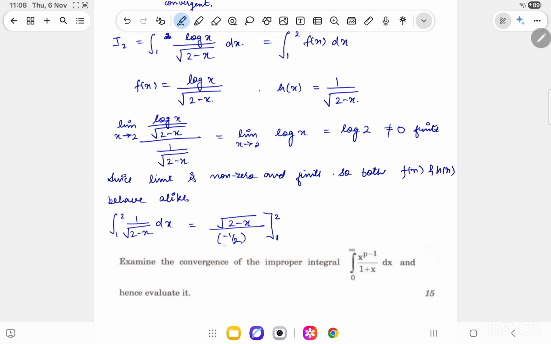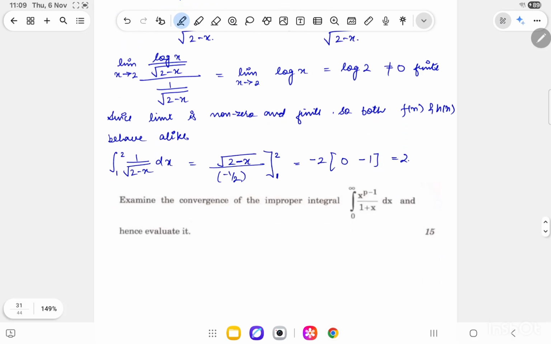I have added the minus because the coefficient of x is negative, so that's why we got minus 1 by 2. So it will be equal to minus 2 times (0 minus 1), that is 2, which is finite. So from here I can say that my h(x) is convergent, so the integral from 1 to 2 of h(x) dx is convergent.